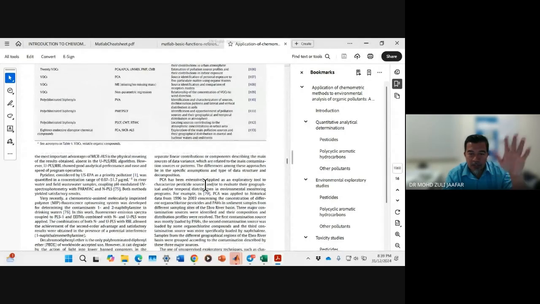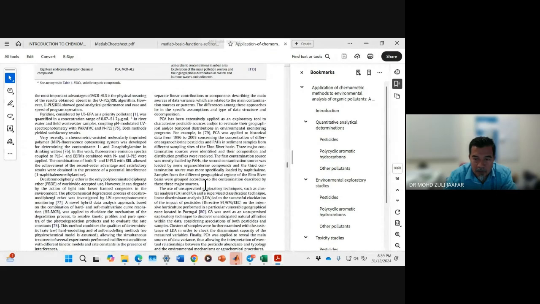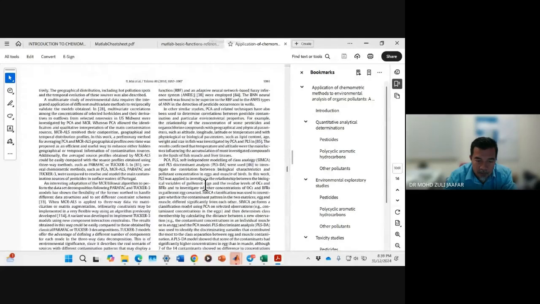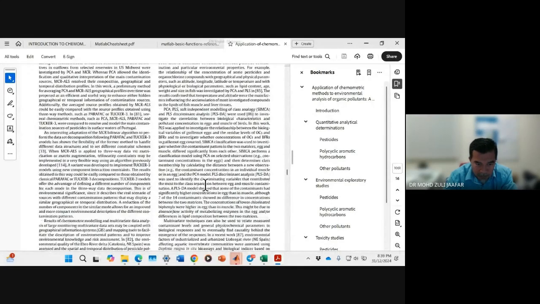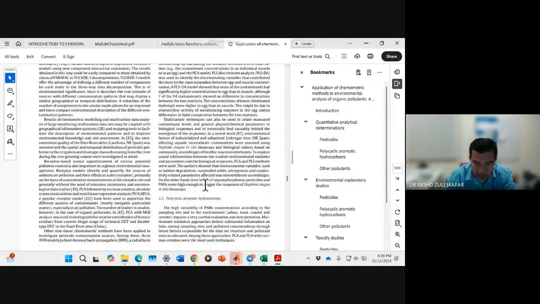They just give general ideas of what each method can be used for. Any more? Just pick another paper, one paper, and explain to everybody what you have read.